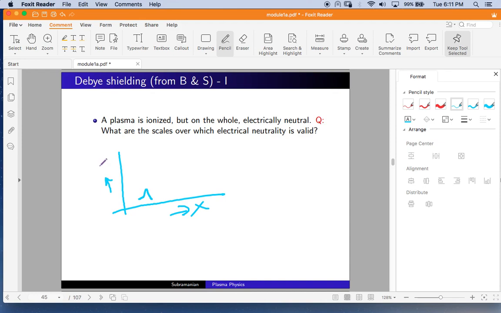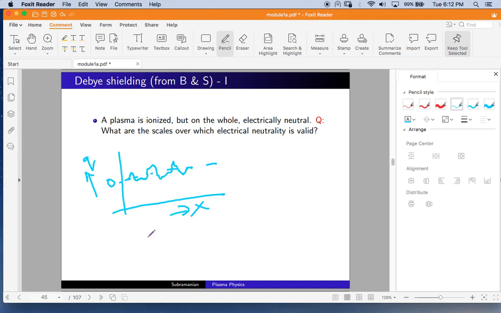So this would be Q, and say this is 0, and so this would be charge. At some point, as you come down in scale, you would probably see little positive and negative charge bumps like this.